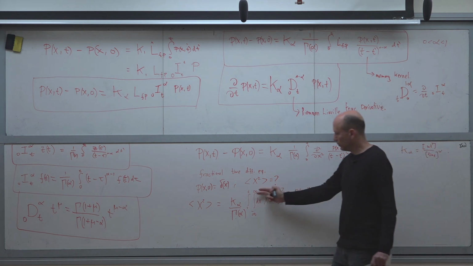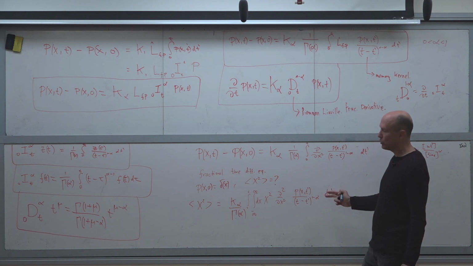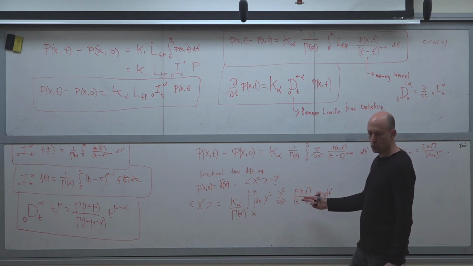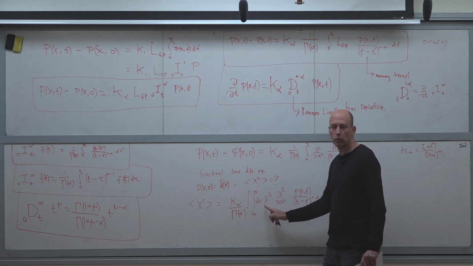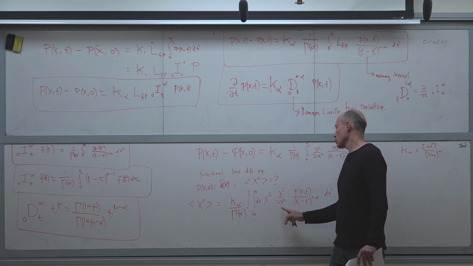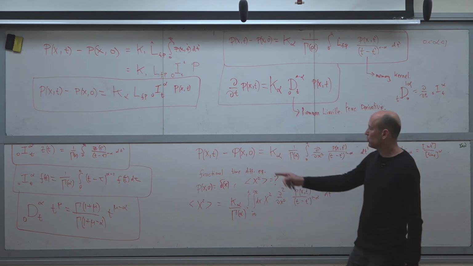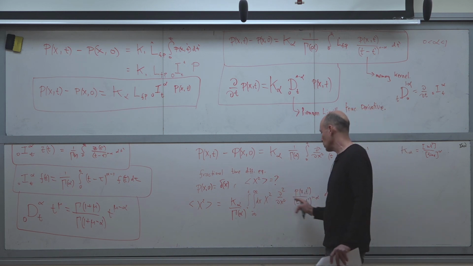I'll first do the derivative in space. Now we're going to use a very simple trick, which we did many times. We're going to integrate by parts with respect to x, and I use the boundary conditions so that far away the solution is 0.